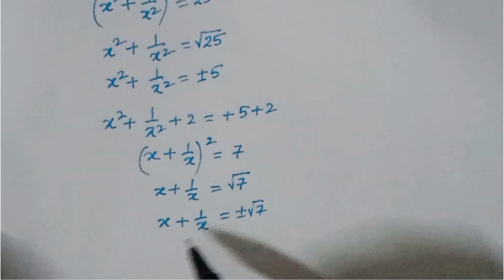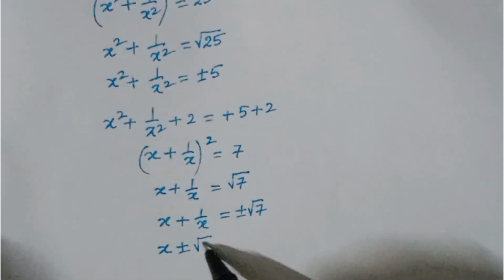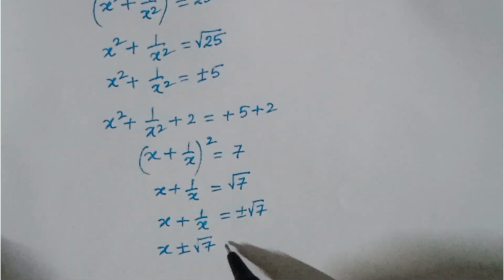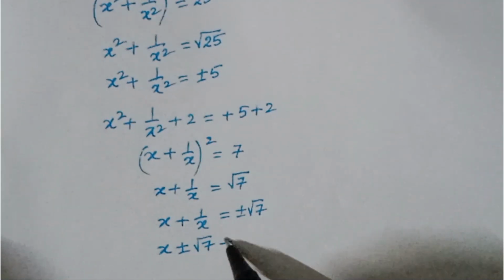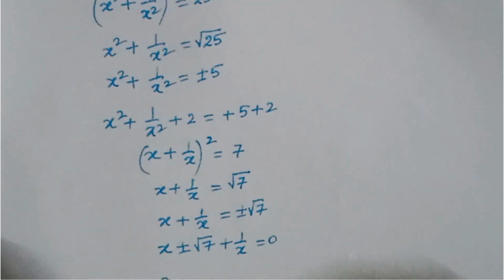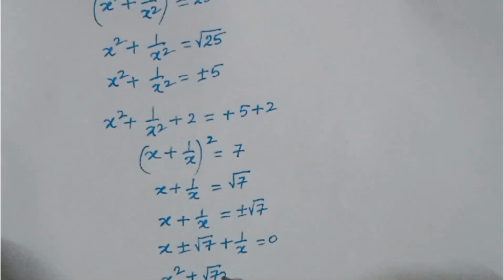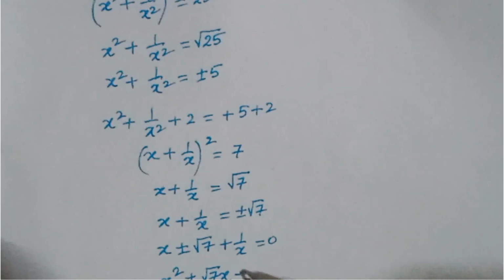Now if you send this 7 to that side, x plus or minus root 7 plus 1 by x is equal to 0. Now you will get a quadratic: x square plus or minus root 7 into x plus 1 equal to 0.